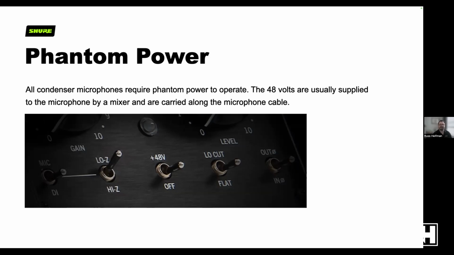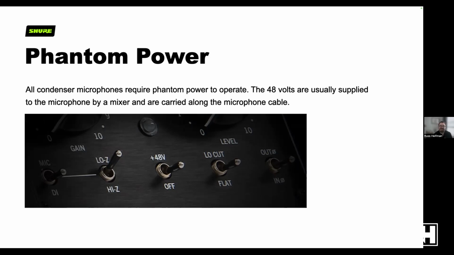So let's move on. Let's talk about phantom power, because this is something that a lot of people don't necessarily know what it is. They just know maybe they need it. It's a button on their mixer and they don't know what it does. Basically, condenser microphones need DC power in order to operate. It's what charges the actual capacitor inside the microphone.